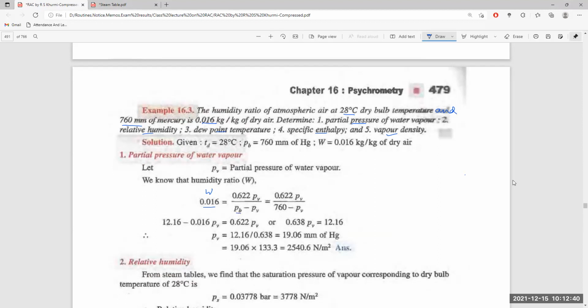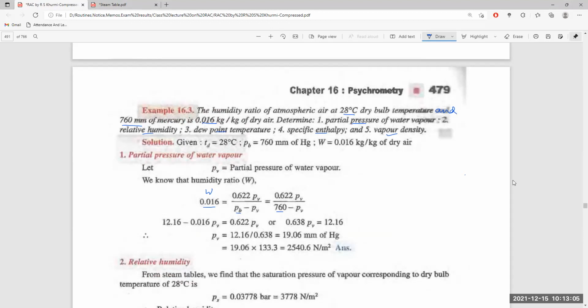So we put the value of barometric pressure, and if you calculate, you'll get the partial pressure of water as 19.06 millimeter of Hg, or 2540.6 Newton per meter square.